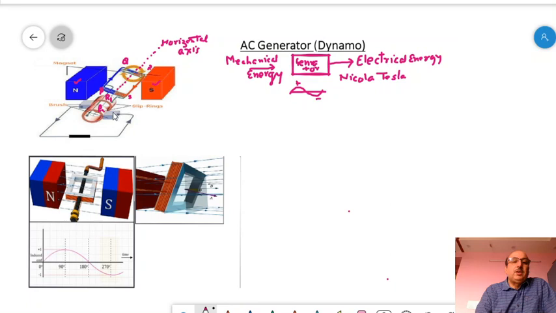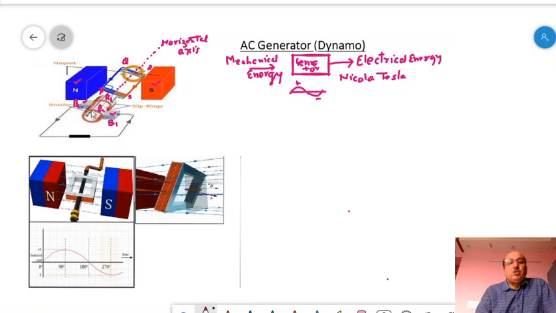The fourth part of the generator is the brush. Here are two carbon brushes, B1 and B2. They can slide on the metallic cylinders, that is, the slip rings.